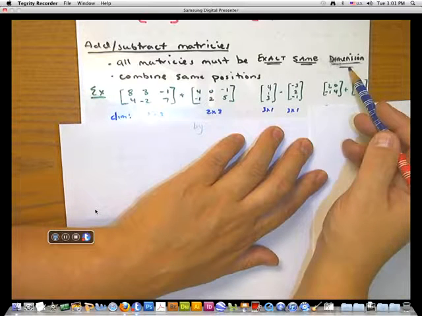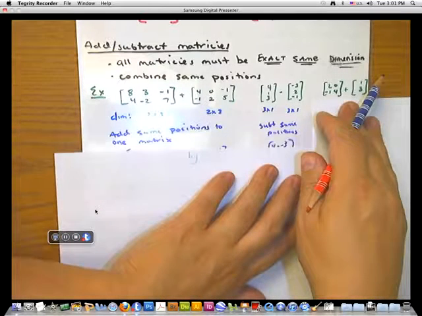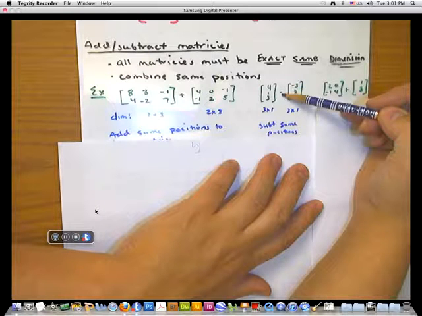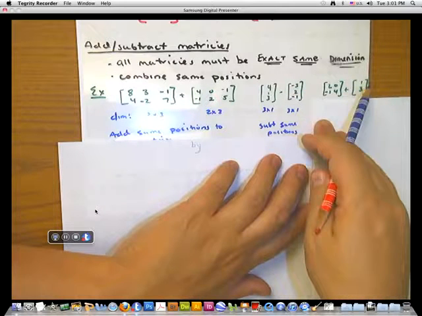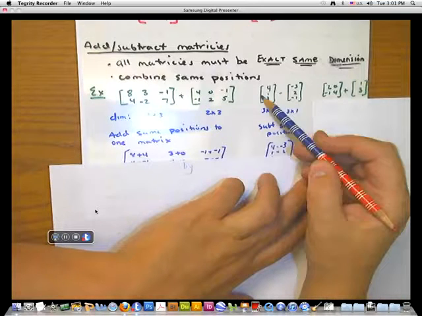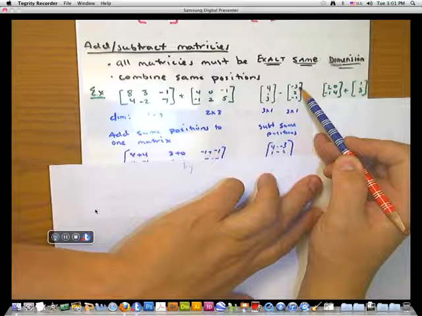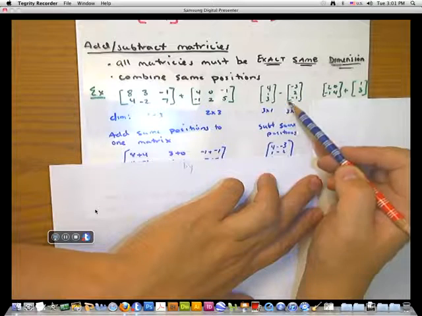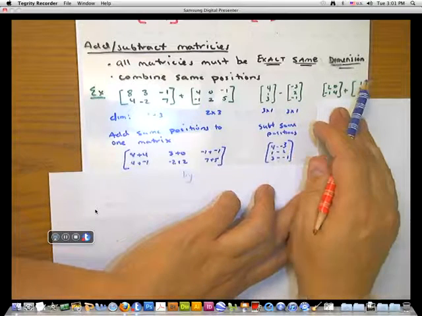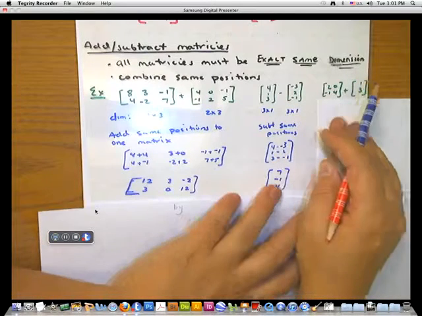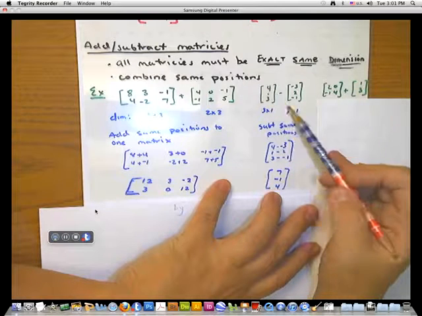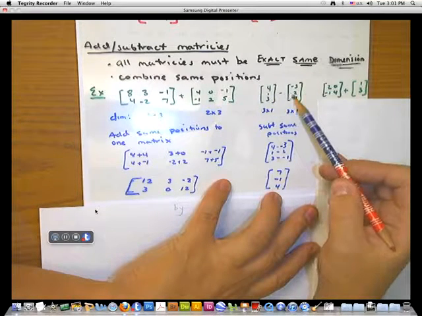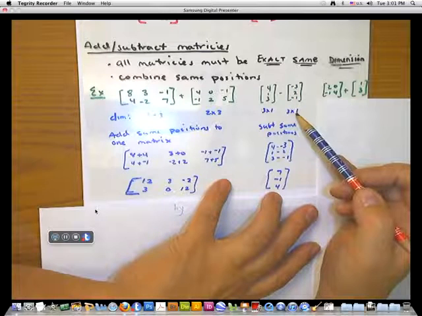They are the same dimensions. When we combine them, in this case we're subtracting because that's what the sign says to do. Subtract the same positions. So we're going to take 4 and subtract the -3. 1 subtract 2. 3 subtract a -1. Keep in mind our signs. Therefore we get the matrix 7. 1 minus 2 is -1. 3 minus a -1 is +4.